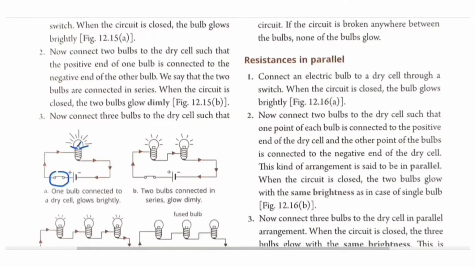Students, we know that the resistance of a conductor is inversely proportional to the cross-section area of the conductor and directly proportional to the length of the conductor. This thin wire of tungsten, having a small cross-section area, has a high resistance.